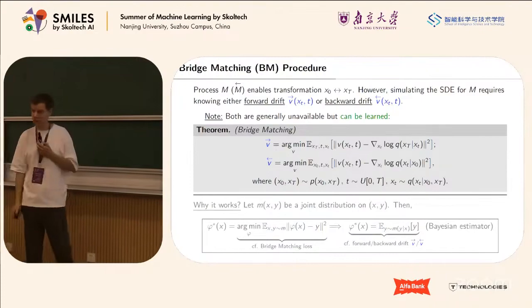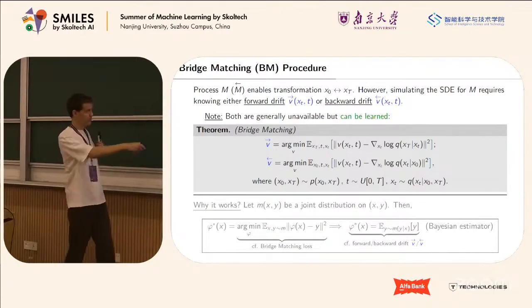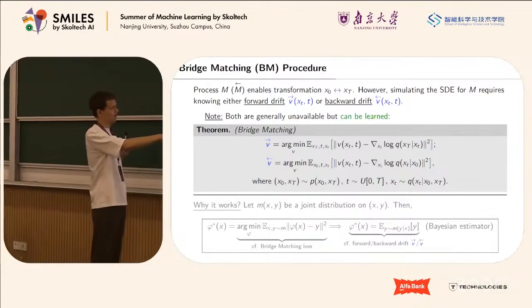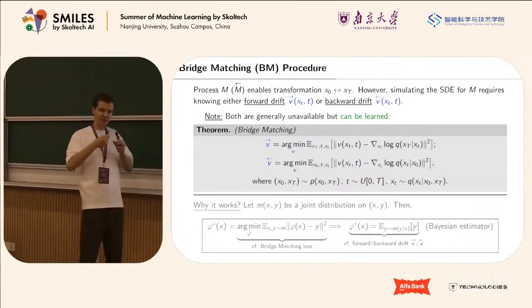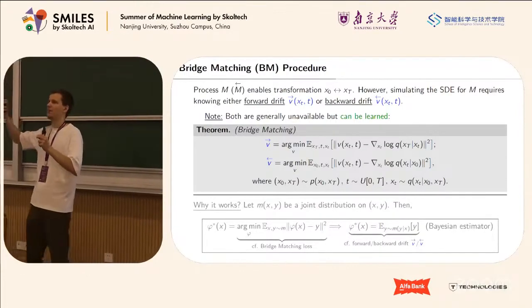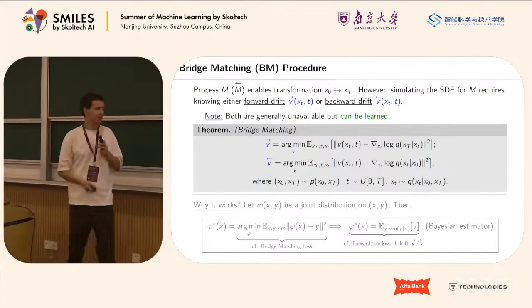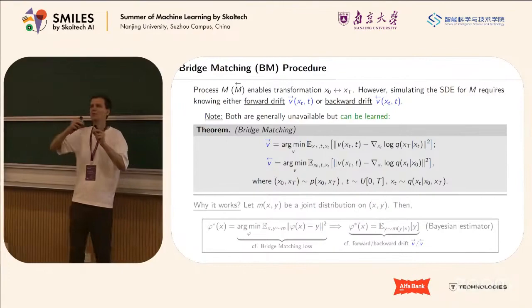What do we do here? Let us try to understand. Here we sample points from our reciprocal process, like start point x0 and end point xT. We sample this from our data coupling, like in flow matching. Then we sample some intermediate point xt from our bridge process.